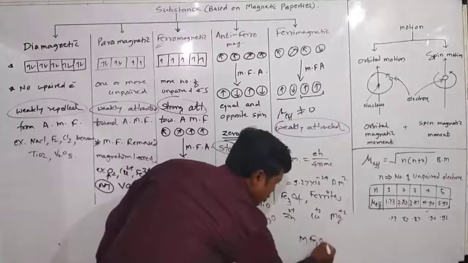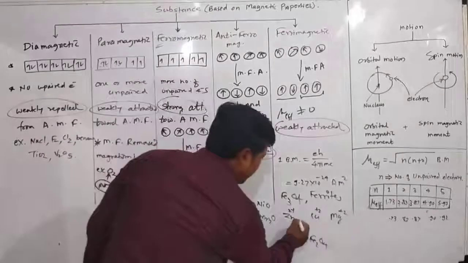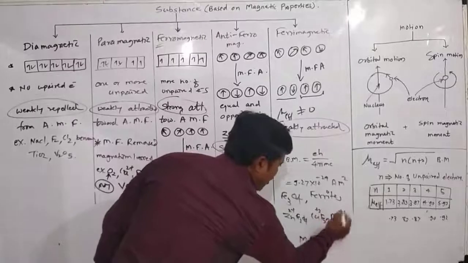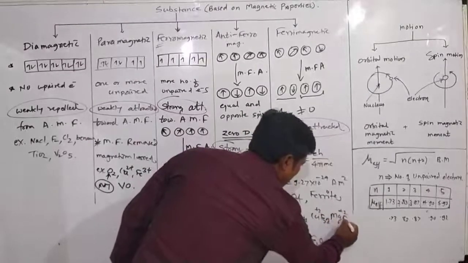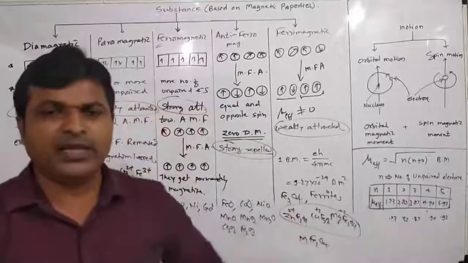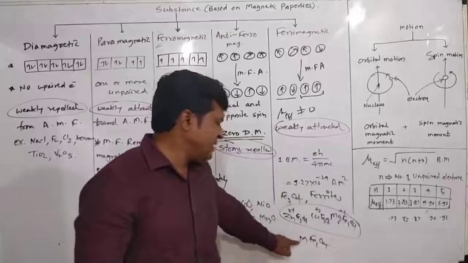The common formula is metal Fe2O4, where the metal means zinc, copper, or Mg. That means ZnFe2O4, CuFe2O4, MgFe2O4, and these are called ferrites. What is the general formula of ferrites?